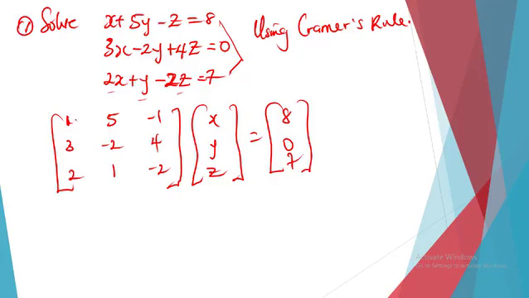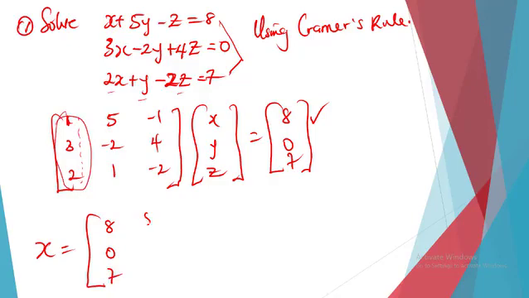So to get the value of x, we do what? We replace the first column with the constants we have on the right hand side of this equation. Therefore we have x equal to a new matrix. We have 8, 0, 7. Then remember we remove this, and then we have 5, minus 2, 1, minus 1, 4 and minus 2. At the same time we have to find the determinant of x.